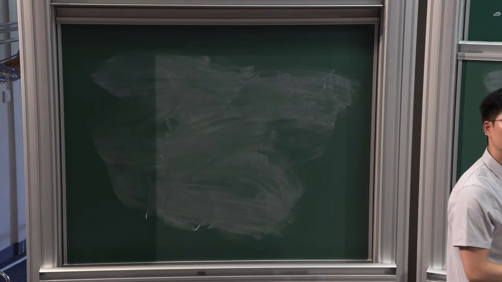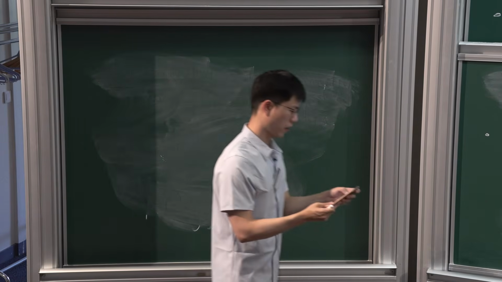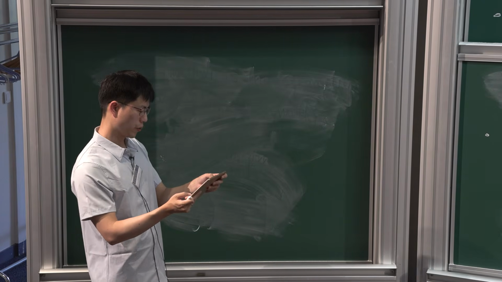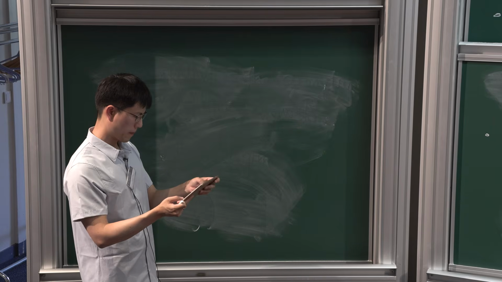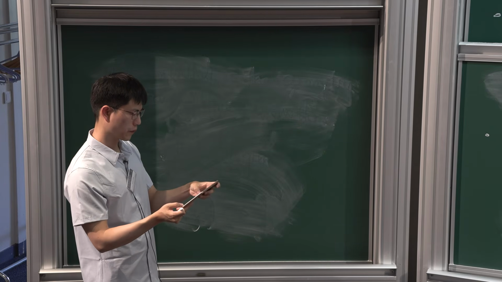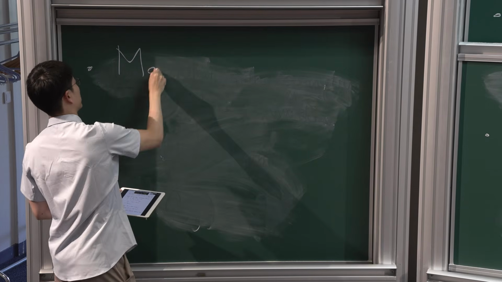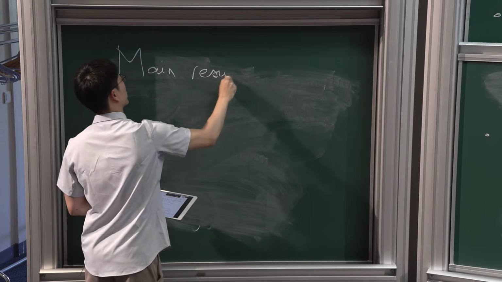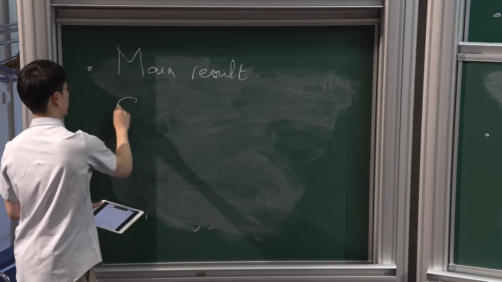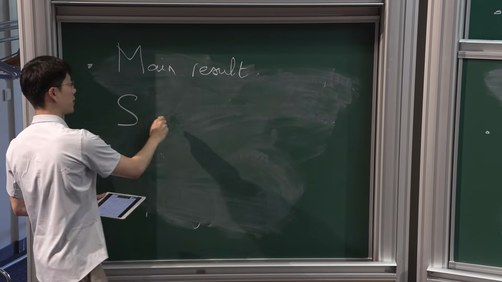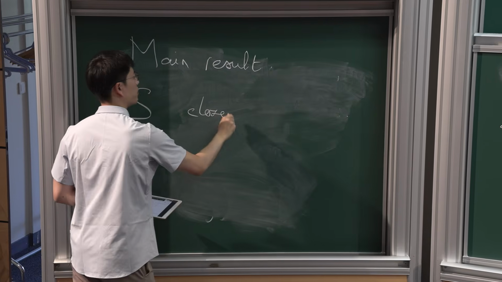Let's see. So now I want to state the main results, and I'll try to give you some kind of a plan for the next few lectures. So here's the setup. S is a closed Riemann surface.